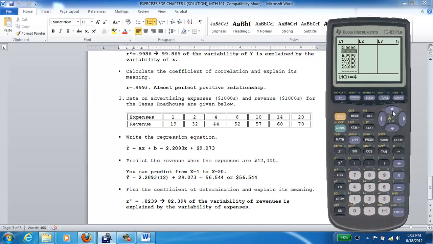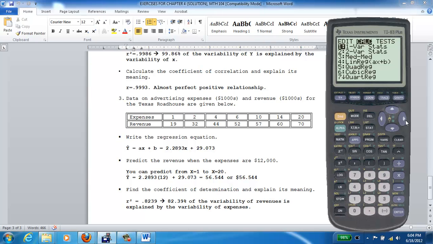And your Y will be 19, 32, 44, 52, 57, 60 and 70. Again, you must have the same number of X's and Y's, otherwise you cannot get the regression equation.